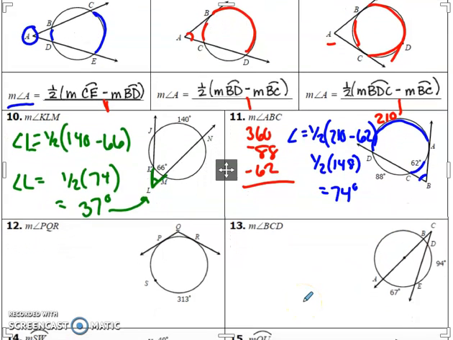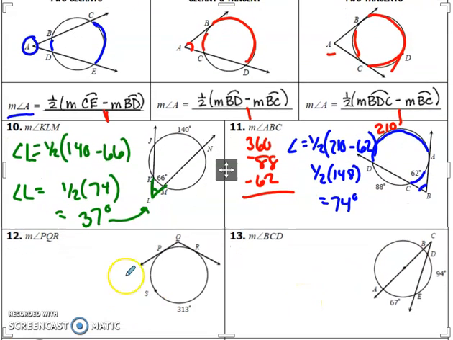All right, let's keep going. On 12, this one looks like this third example where I have two tangent lines. So I'm going to have a very big angle, take away a very small angle. So P, R, and Q is this angle here.